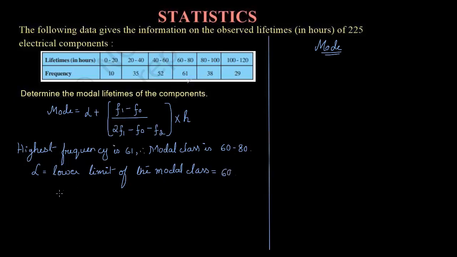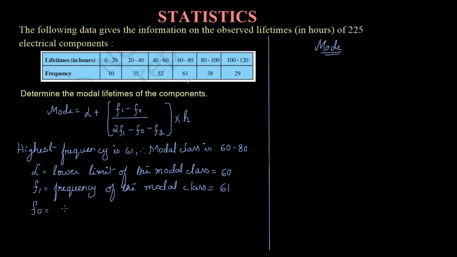Then we will come to F1. What is F1? F1 is the frequency of the modal class. What is the frequency of the modal class here? It is 61.